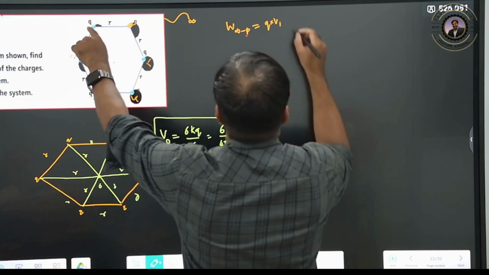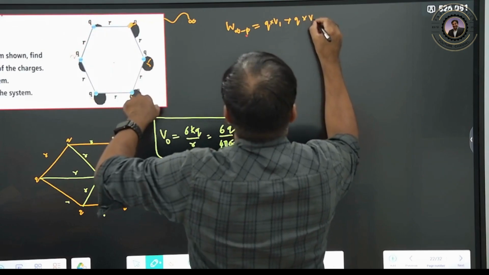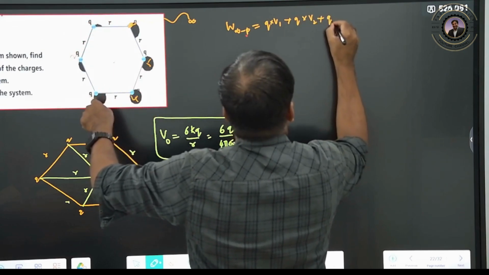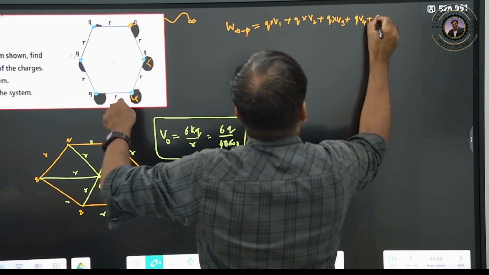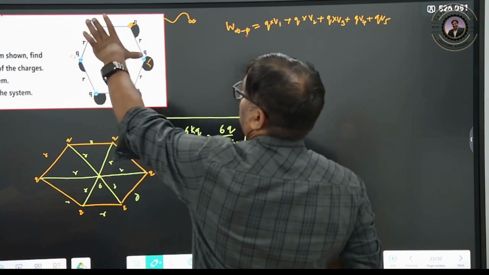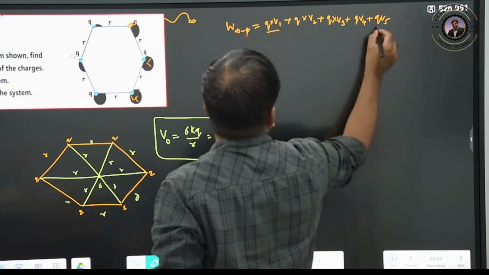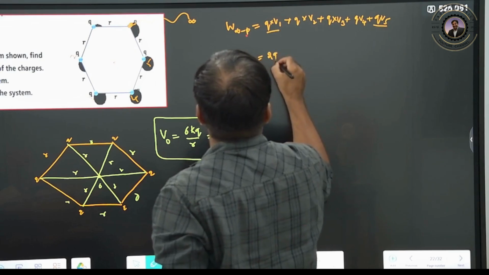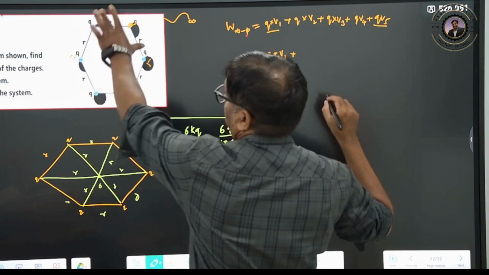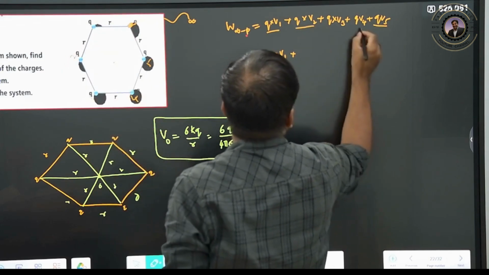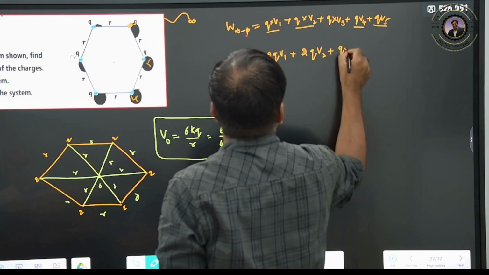So q into V1 plus q into V2, plus q into V3, plus q into V4, plus q into V5. V1 and V5 are both the same, because same charge, same distance. Therefore 2q into V1, and V2 and V4 are also the same, so 2q into V2 plus q into V3.